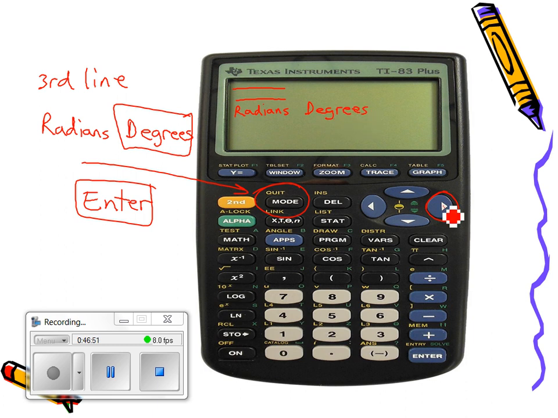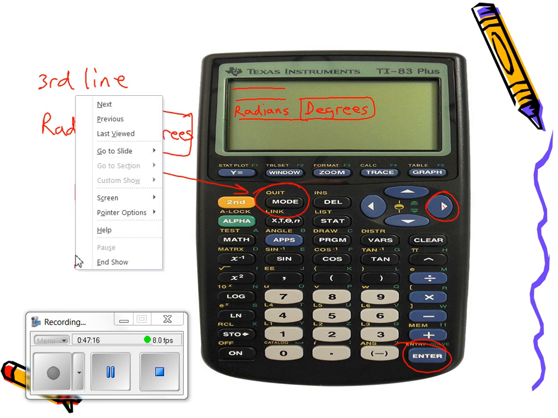I want to use this key to switch it from radians to degrees. It'll highlight the degrees, then you hit the enter button, and then you just hit clear, and it'll go back to the regular screen, but then it'll be in degrees. So you always got to make sure that you're in that. Every single time you got to go back and do that on the park test, on the calculator that they have on the park test.